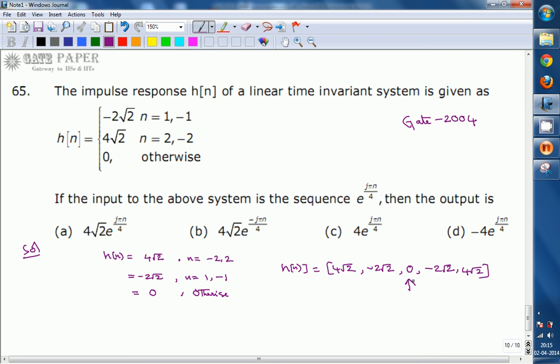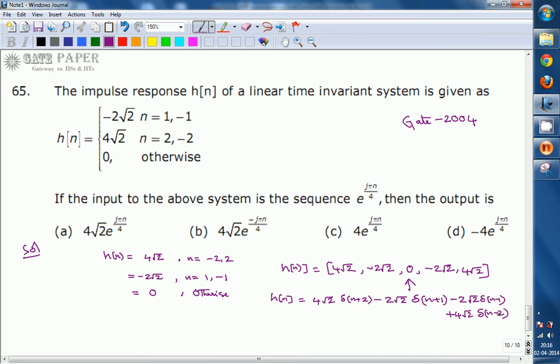Then we know that we can write the given sequence as a weighted sum of impulses. So h of n is 4 root 2 del of n plus 2, minus 2 root 2 is the amplitude at minus 1, so del of n plus 1, and 0 amplitude at n equals 0, so no need to write it, minus 2 root 2 del of n minus 1, plus 4 root 2 del of n minus 2.